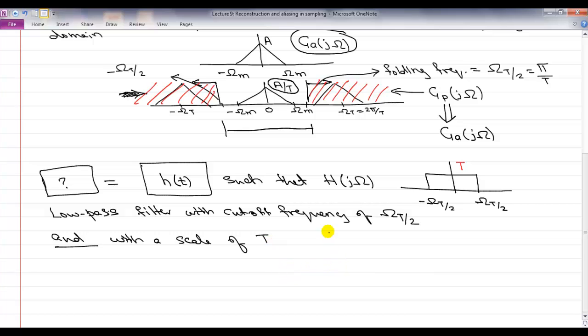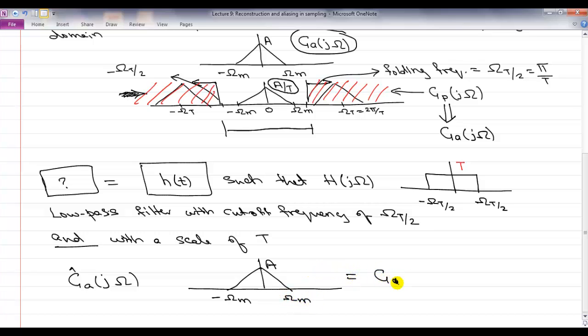So if you do that, then you will recover G hat A of j omega, which will look exactly like G A of j omega. The height will be A. It will go from minus omega m to omega m. And so you will recover your original signal. Okay.